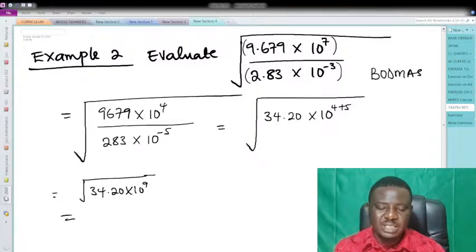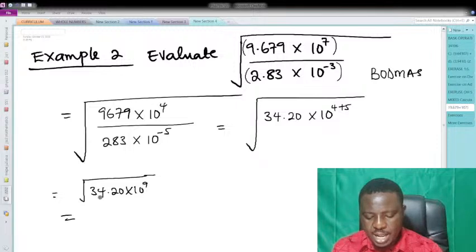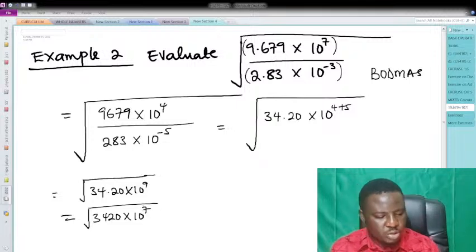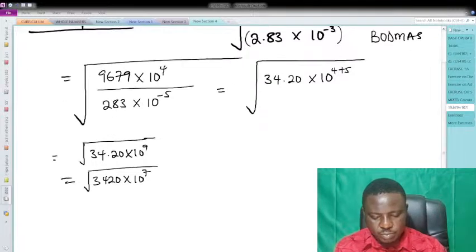Okay, I will not express it in standard form, but rather I will make it a whole number, and this becomes the square root of 3,420 times 10 raised to the power of, I have moved the decimal point 2 times, therefore this is going to be times 10 raised to the power of 7.